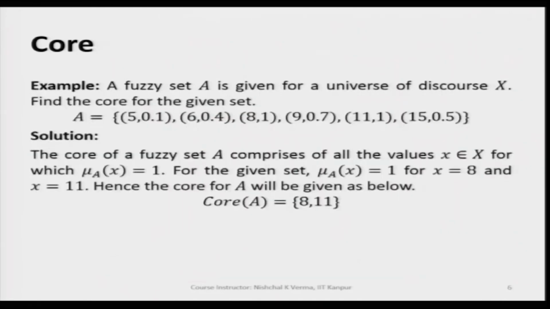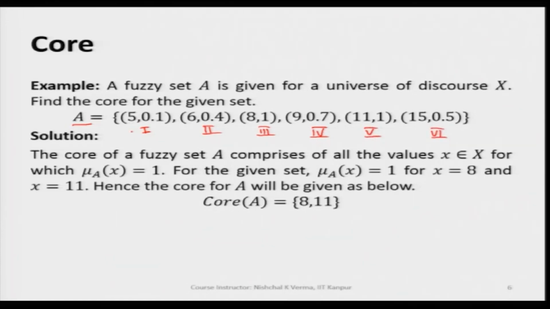Let us now take an example to better understand the core of a fuzzy set, especially for a discrete fuzzy set. A fuzzy set A is given here, and this fuzzy set has 1, 2, 3, 4, 5, 6 points, and these points are fuzzy points.